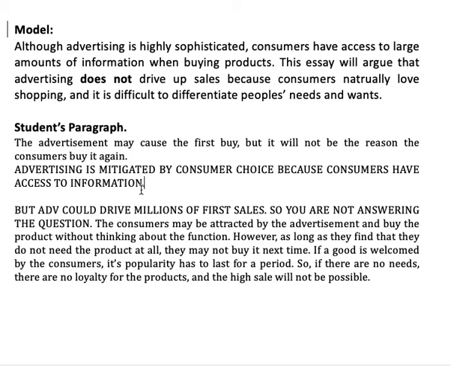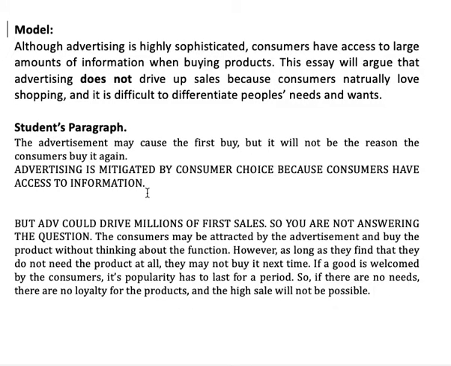Okay, now a couple of things here. Now we're going to develop afterwards. So first thing here is, mitigated means made smaller. So advertising is made smaller. See, it does not drive up sales. Advertising is made smaller by consumer choice. So consumers make their own choices. Why? Because consumers have access to information.